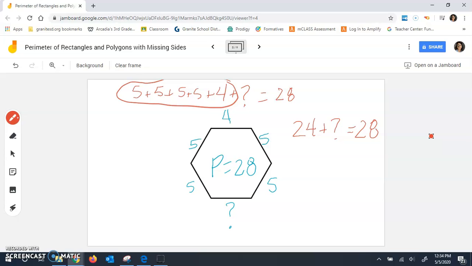In order to find this something, I could count up from 24, 25, 26, 27, 28 and see how many fingers I have up. Or you could subtract 28 minus 24, which is 4. So my question mark is equal to 4. And there is that one.